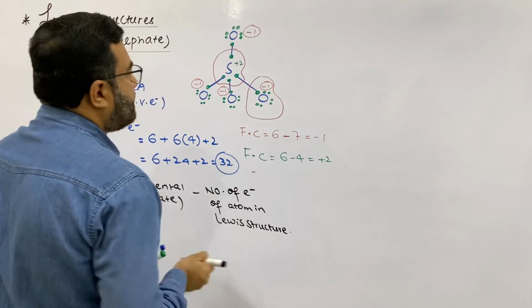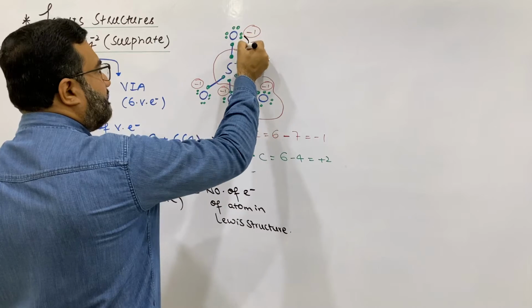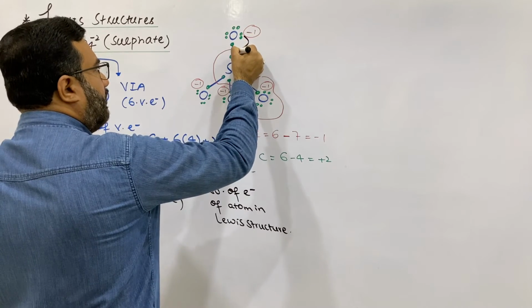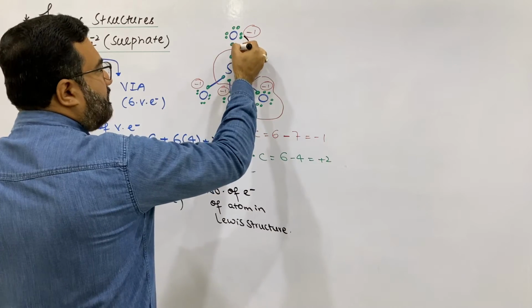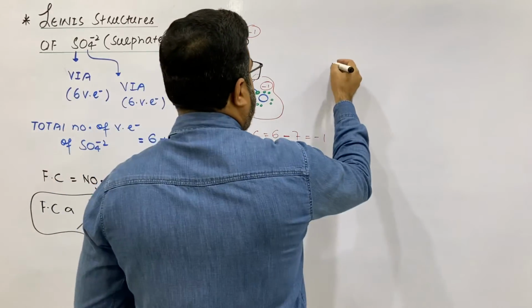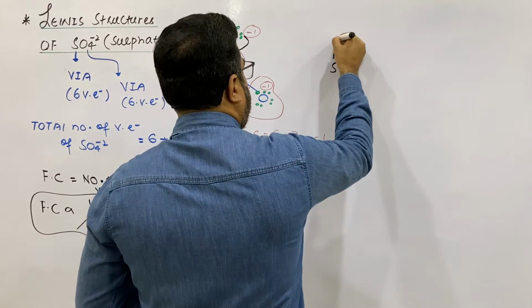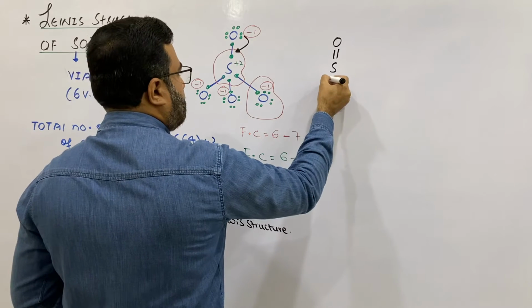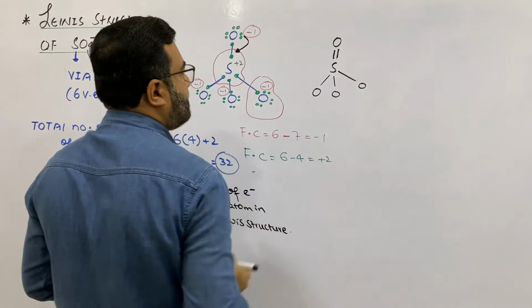Now, in order to reduce the formal charges, oxygen will use its lone pair of electrons. Suppose one oxygen uses a lone pair of electrons to form another bond with the sulfur, then the structure will be S double bond O, single bond O, like this.